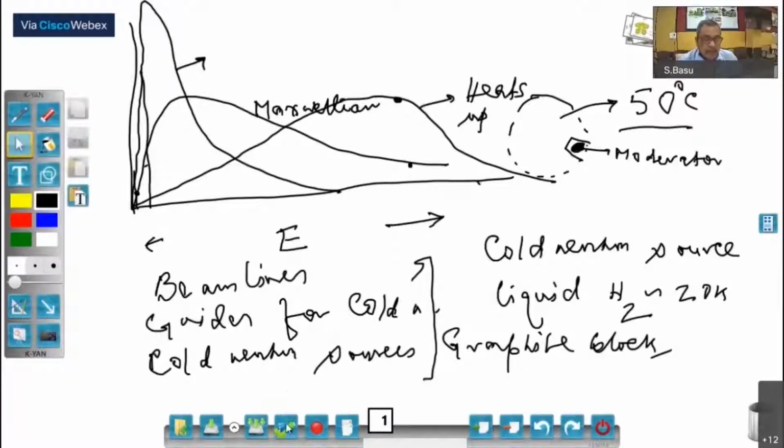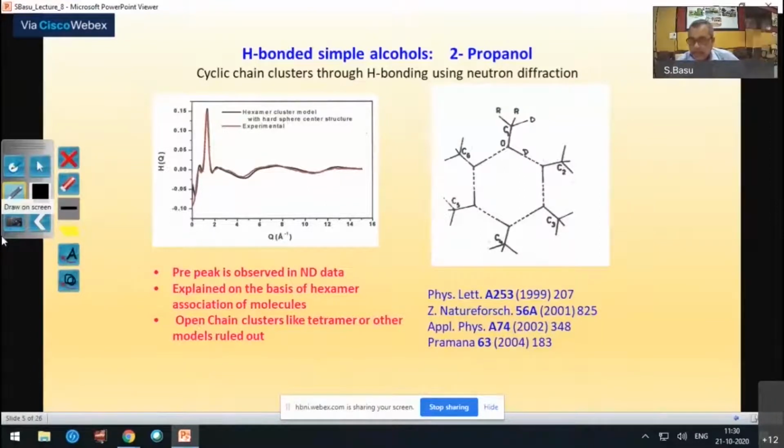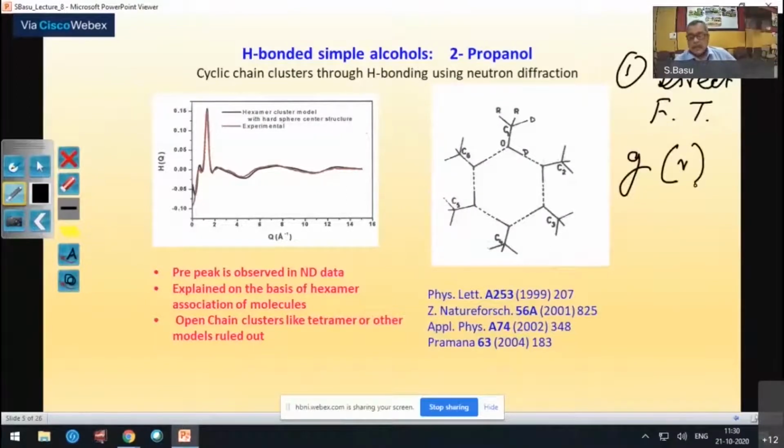Now, we go back. So, in case of liquid and amorphous systems, as I was telling you, it is necessary to go to a large Q value so that we may do a direct Fourier transform to get the G of R. That is the physical parameter of interest. Like here, I have just taken some random examples of what we did.